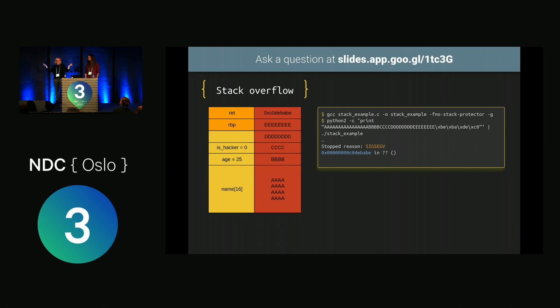So it's still a valid example. So I send all of this in to the program, and we see that the program segfaults. And it says something like codebabe in question mark. That really means that it tried to run the code at the memory address codebabe, and it didn't work. But that means that we have control of the code and can run whatever code we want.